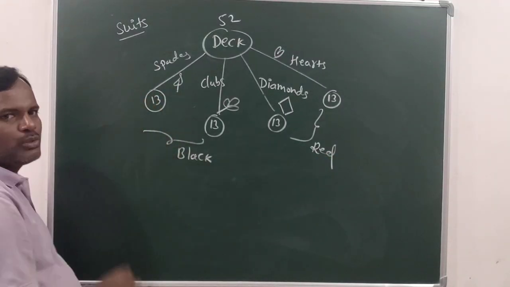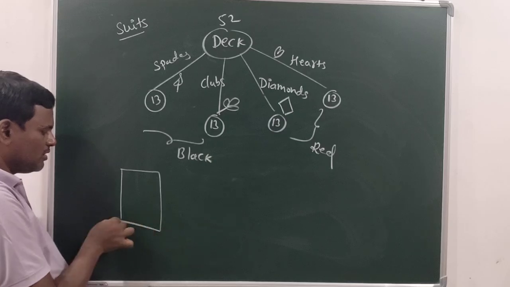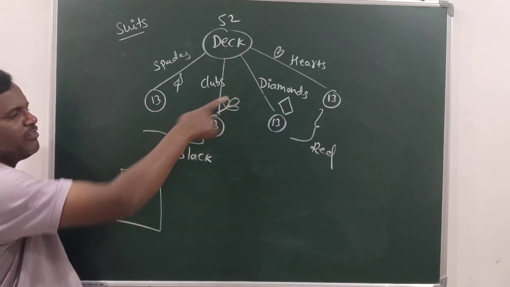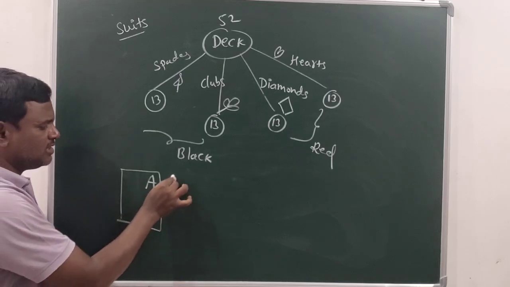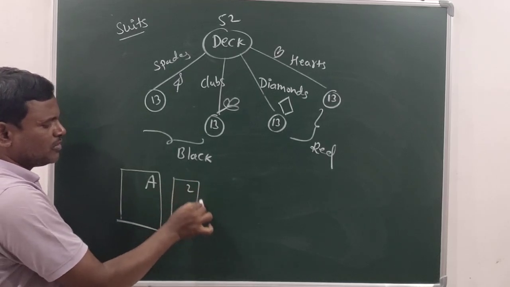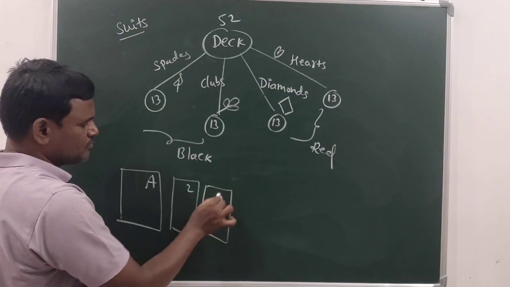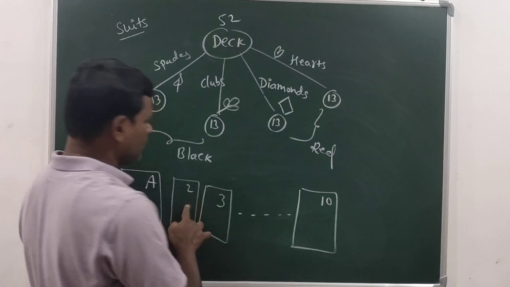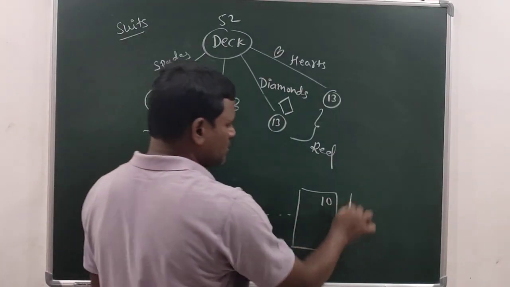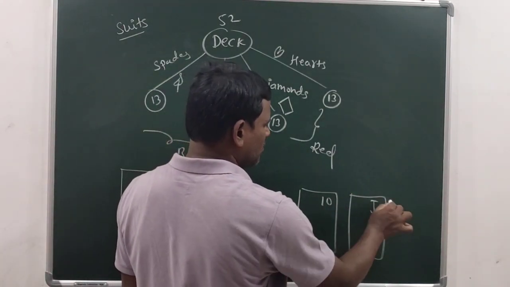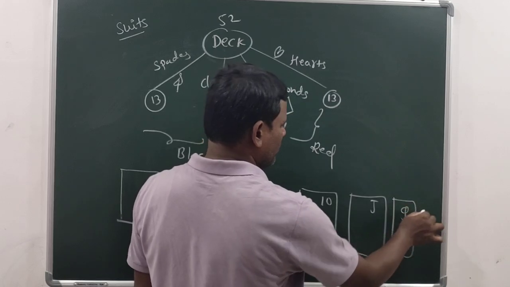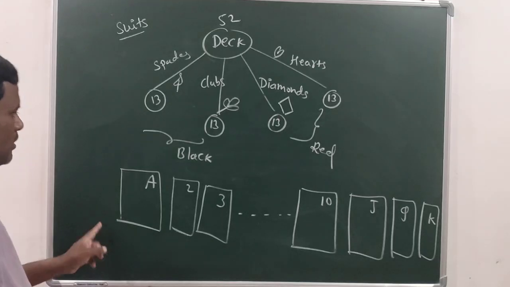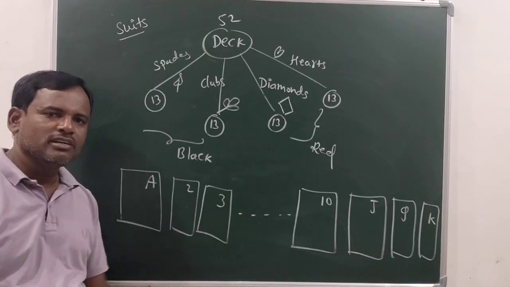Suppose you take any suit, the first card is an ace. If you take any one of these four, first one is an ace, and from 2 to 10, these are number cards, and the last three are called Jack, Queen, King. So in every suit you get 13 cards like this.